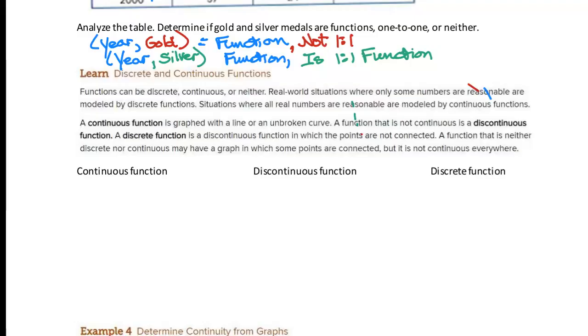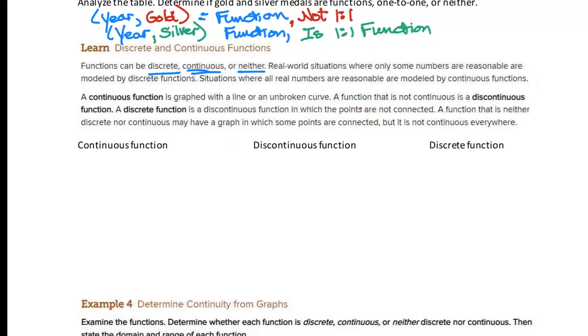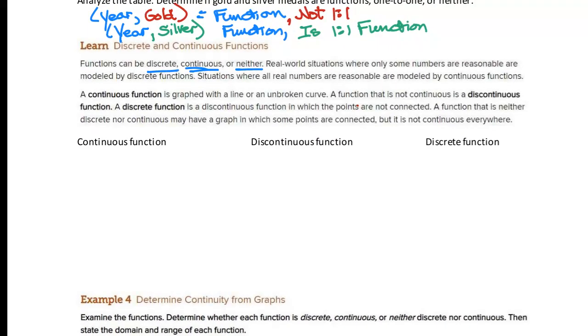Functions can be discrete, they can be continuous, or neither. Real-world situations where only some numbers are reasonable are modeled by discrete functions. Situations where all real numbers are reasonable are modeled by continuous. Let's underline this part right here.